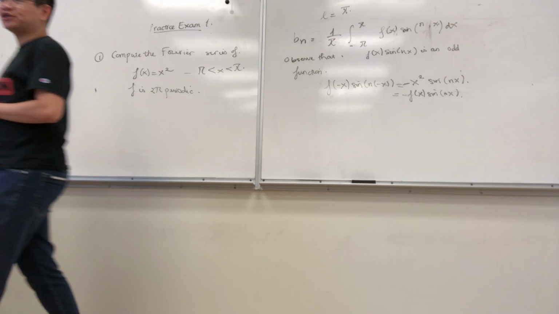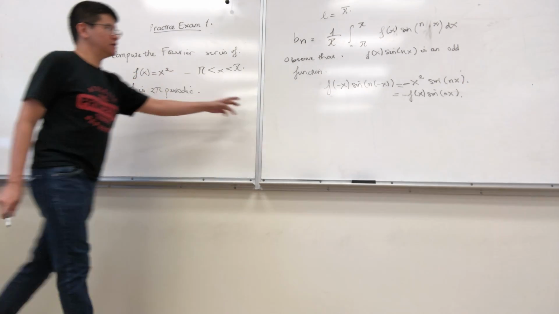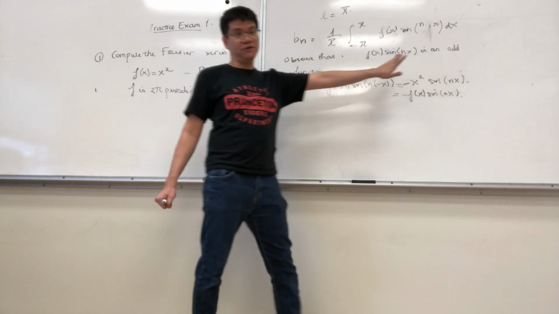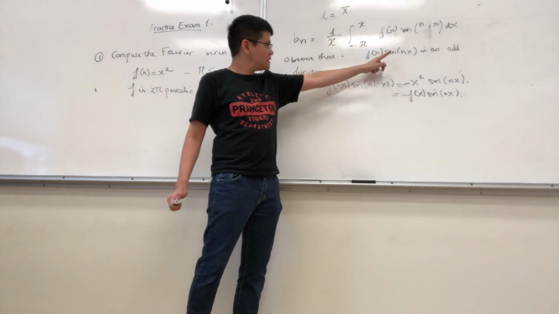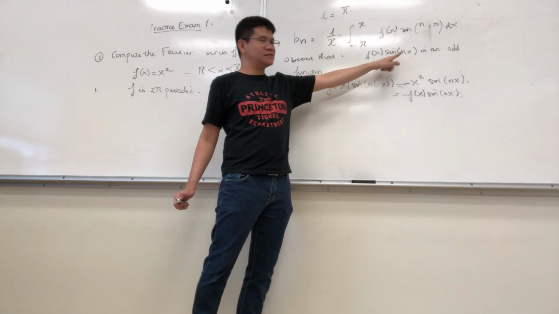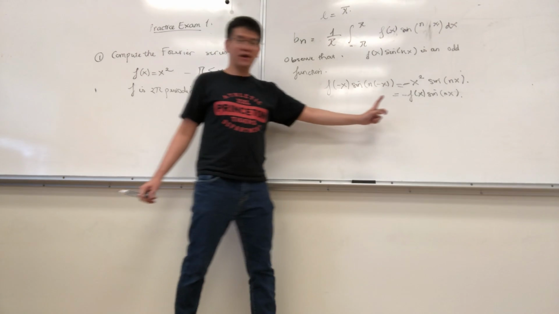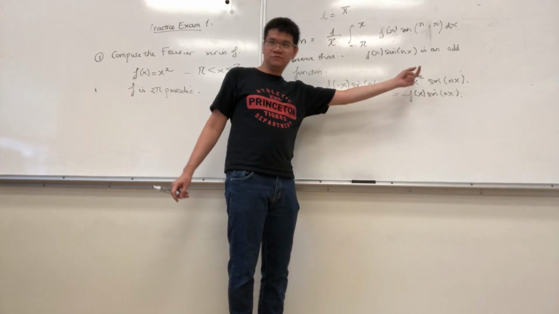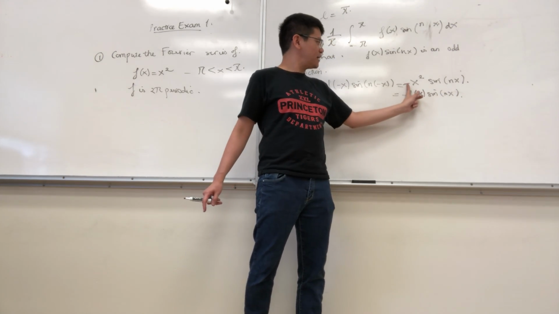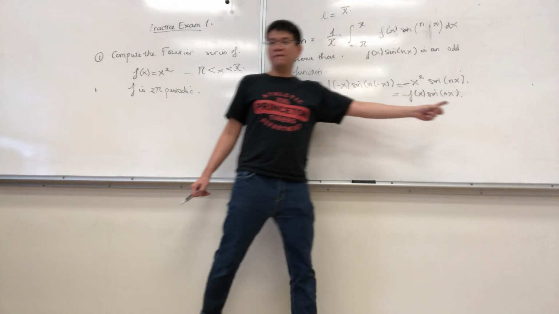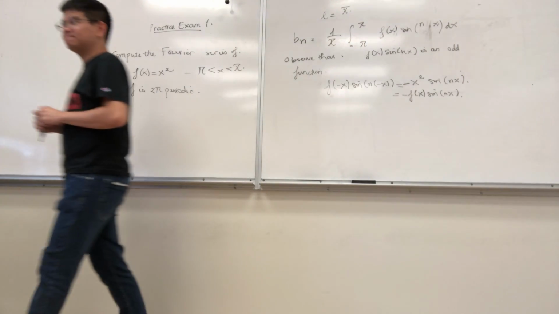So the first thing that you check in this computation is if this is an odd or an even function, right? You have that f(x) sin(nx) is an odd function because when you replace x with minus x here, you get minus x squared, which is x squared, and sin of minus nx becomes minus sin(nx). So this gives you minus f(x) sin(nx), right?